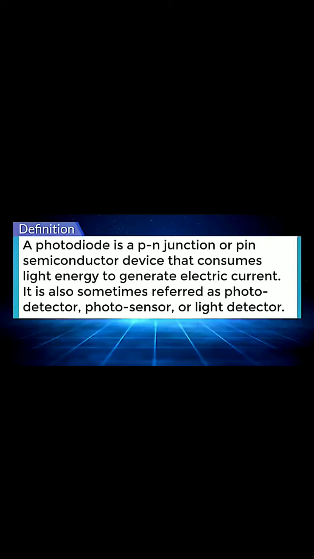It works in forward bias, and whatever electrical energy it gets from the supply is converted into light energy in the form of photons, and how it releases the energy in the form of photons we also discussed with diagrams.